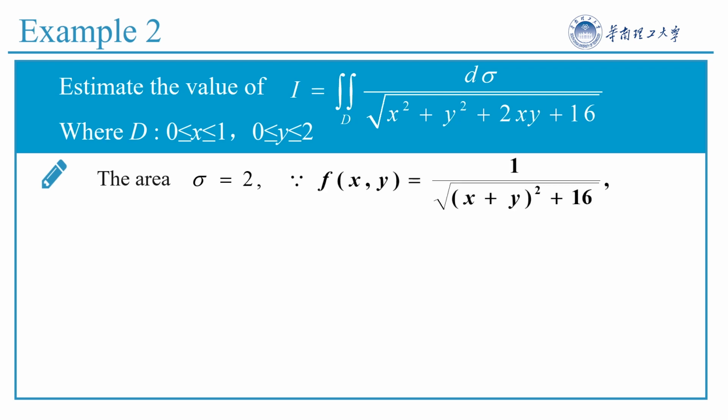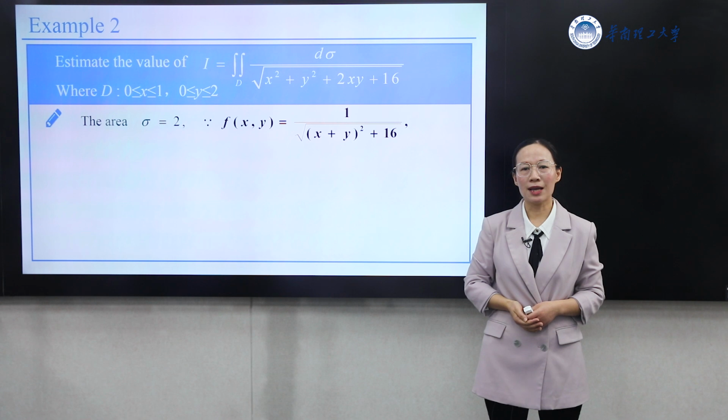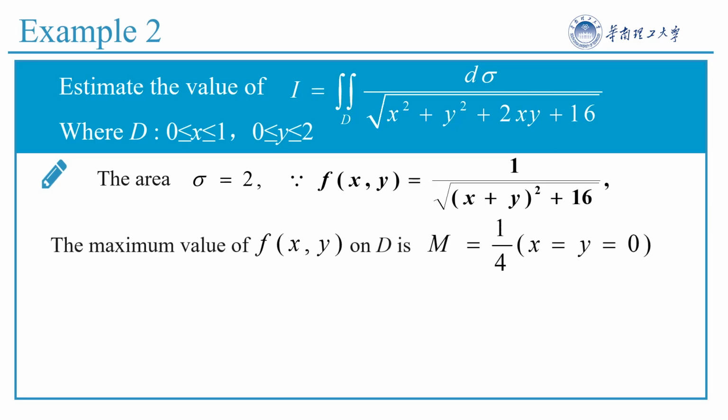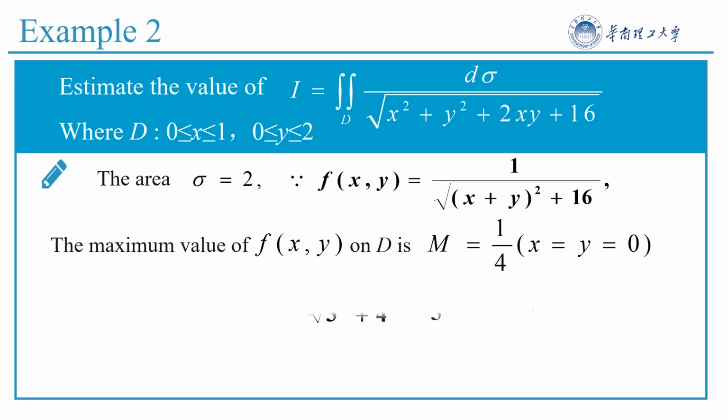Last, we estimate the range of the integrand on D. It is obvious that the integrand is transformed into this expression, 1 over the square root of (x plus y) all squared plus 16. The maximum value on D, capital M, is equal to a quarter when x and y are both equal to 0.